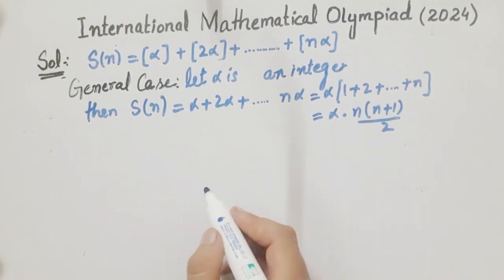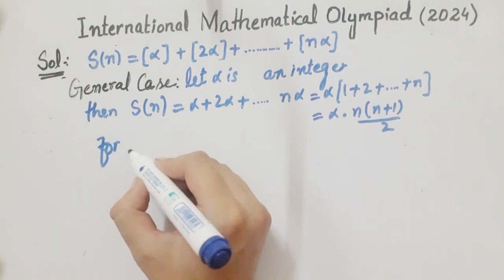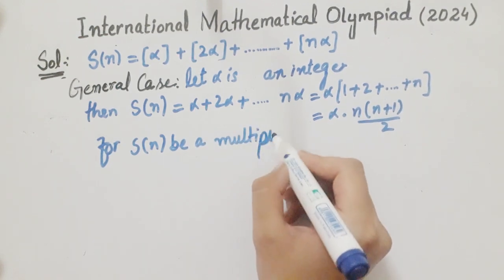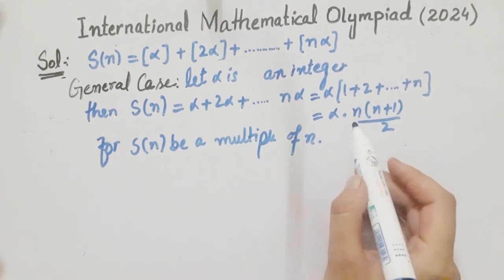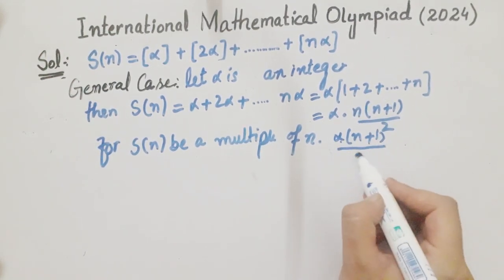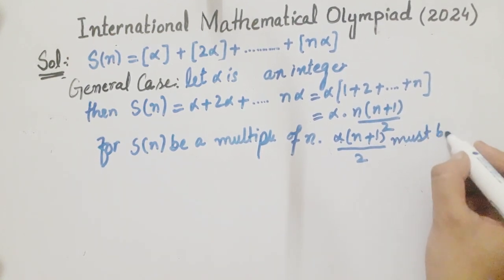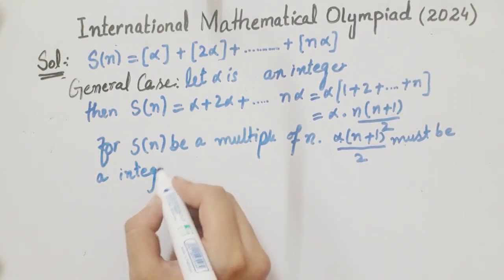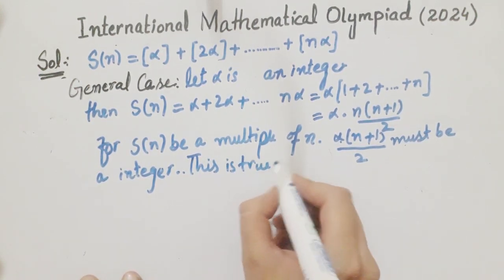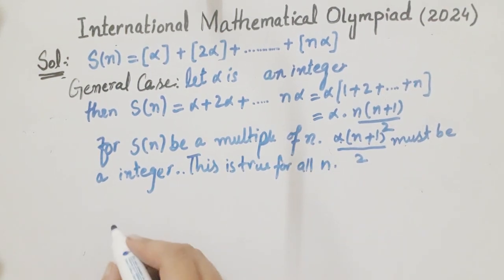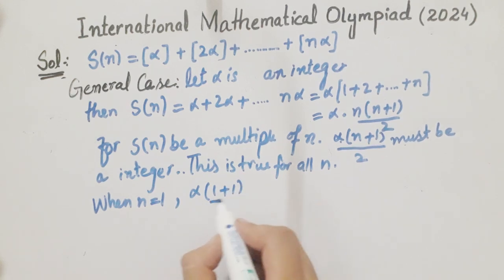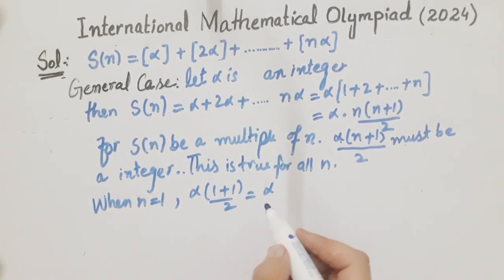For S of n to be a multiple of n, it is necessary that alpha into n plus 1 by 2 must be an integer for all n. Now suppose n is equal to 1, it means alpha into 1 plus 1 divided by 2, which gives alpha, an integer.